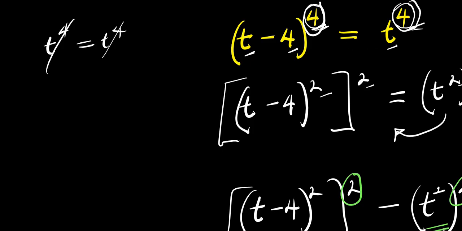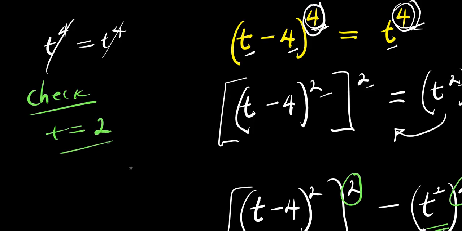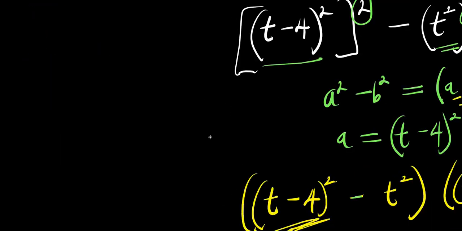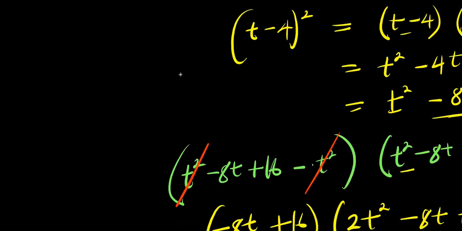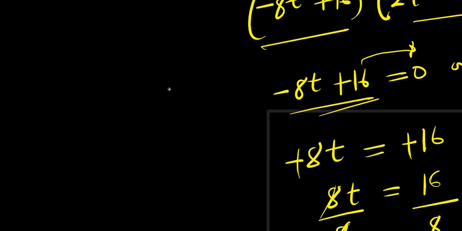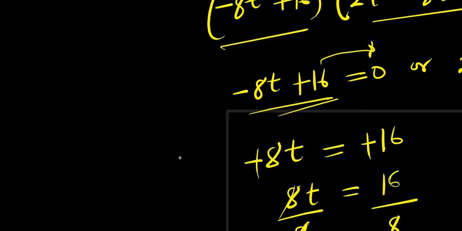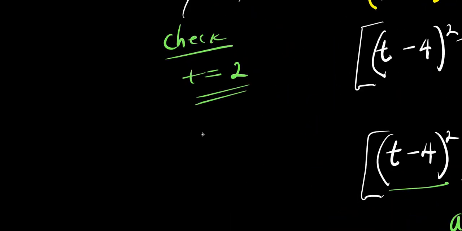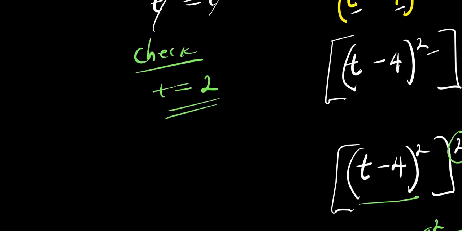Now, the next step will be for us to check the solution that we had, that is t equals 2. So this is the real solution that we had, remember? If you want to insert this value to check if we are going to have the same thing, look at it here, we are just going to insert 2 right here.